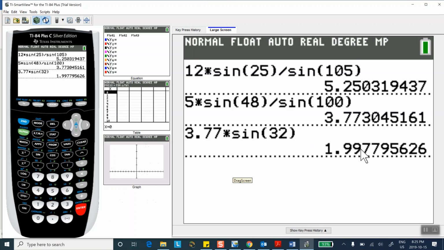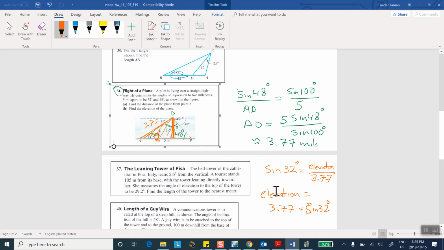It's 1.997, and if you round it to the second digit, it's going to be approximately 2. I'll write it like this, 1.9977. How about that?